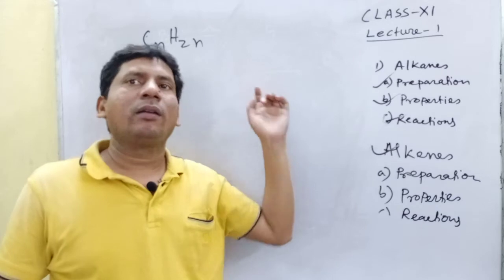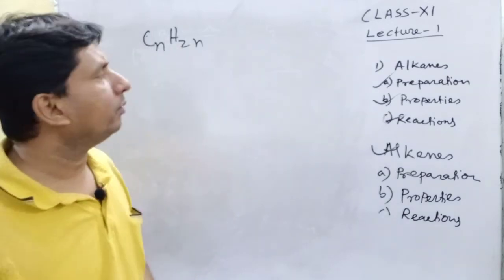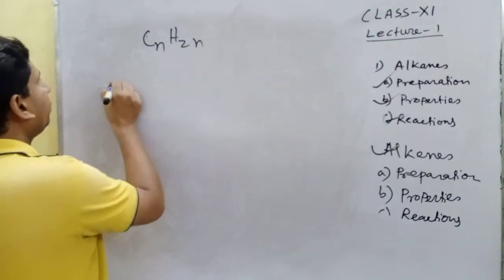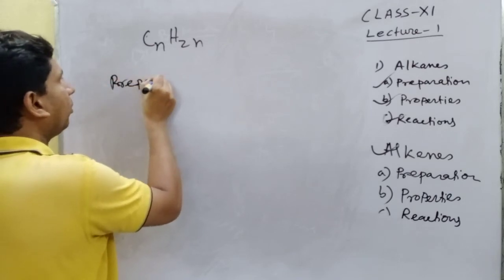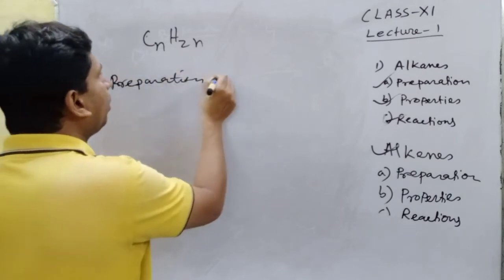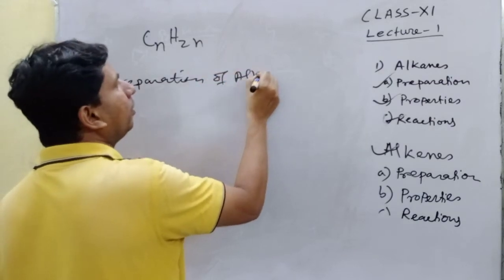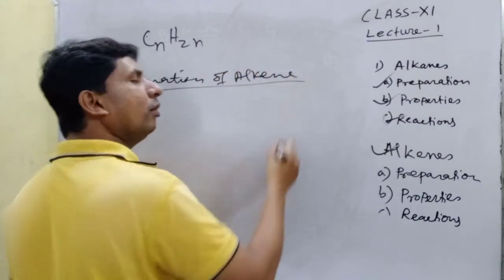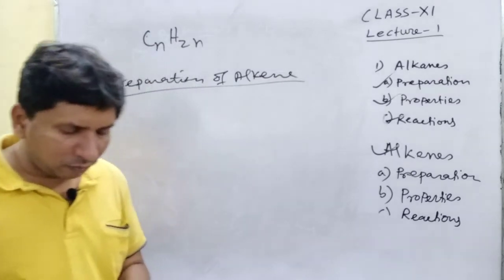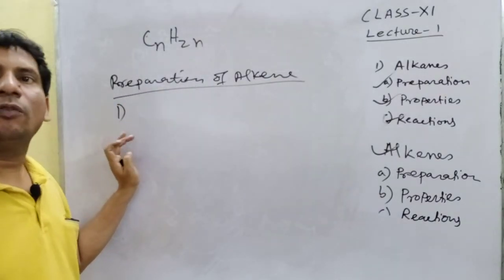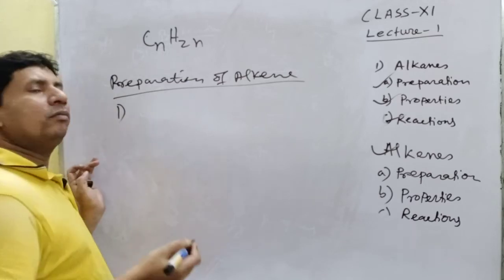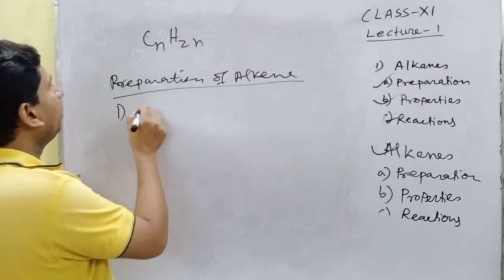Now how can we prepare alkene? Number one, we can get alkene from haloalkane or alcohol.